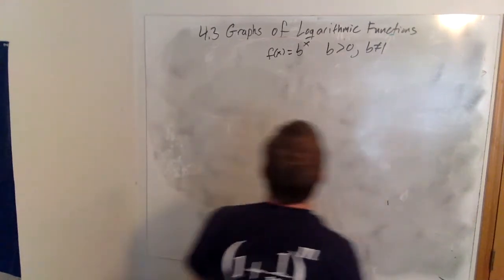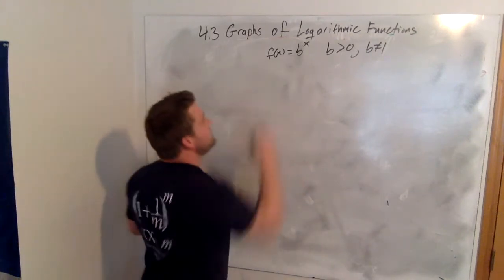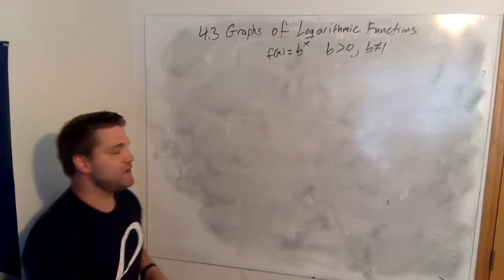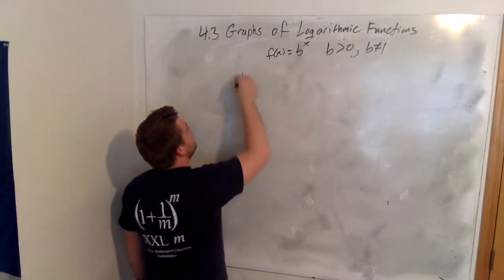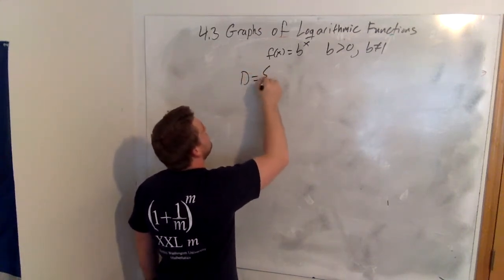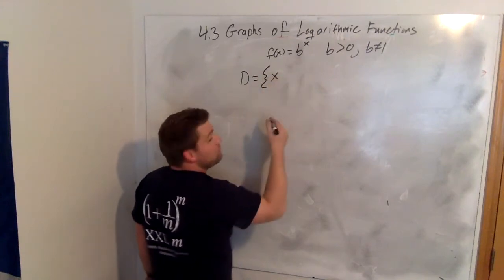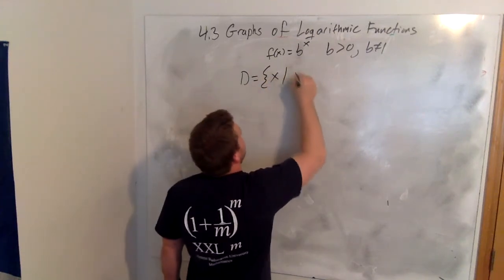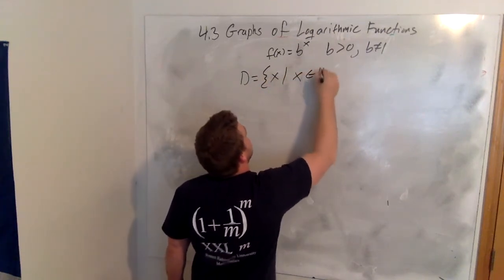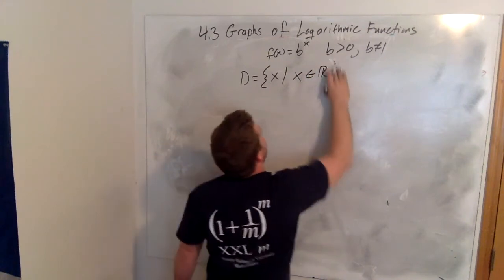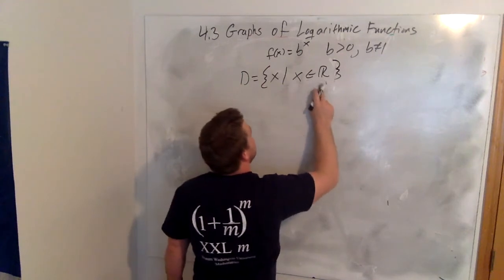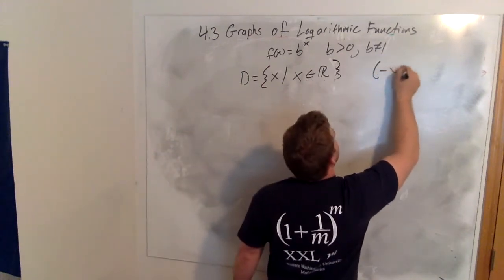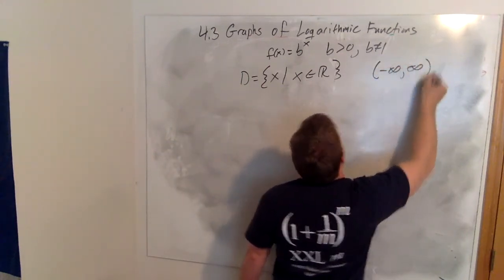Okay. Well, for f of x equals b to the x, remember what its domain and range is. The domain of an exponential function is all real numbers, we can plug anything we want into it. This is just a fancy way to say that x is a member of the real numbers, that x can be between negative infinity and infinity.